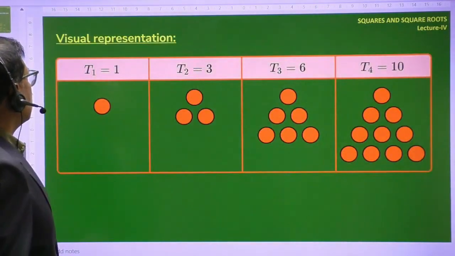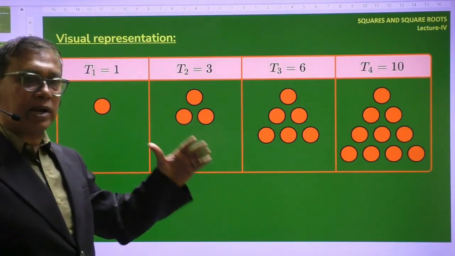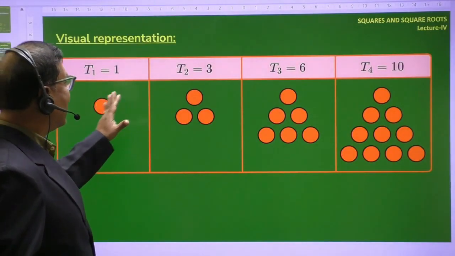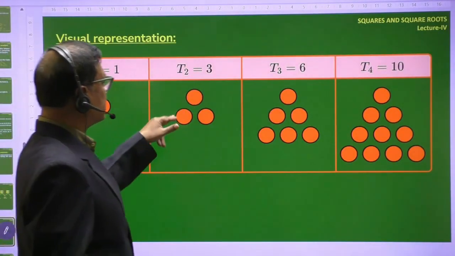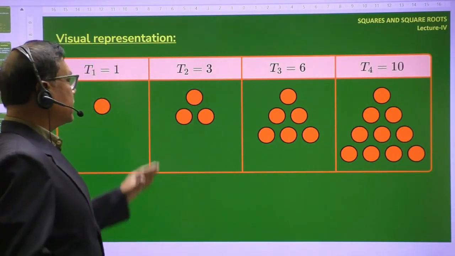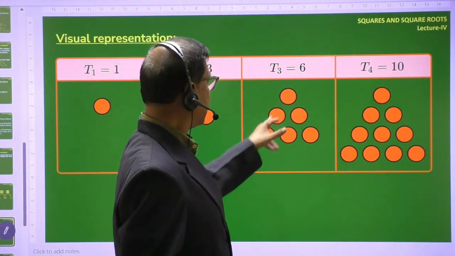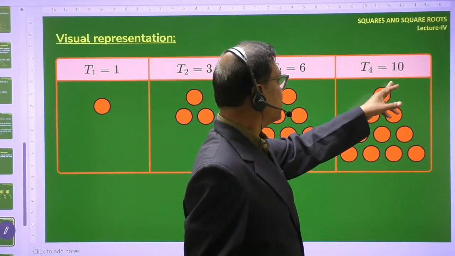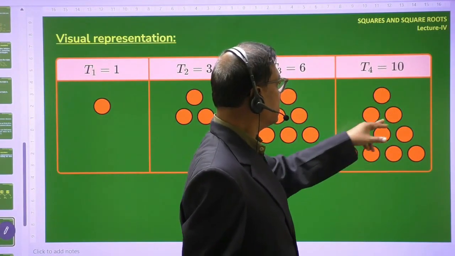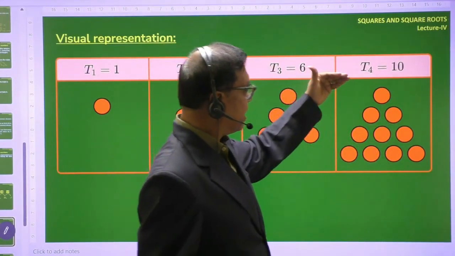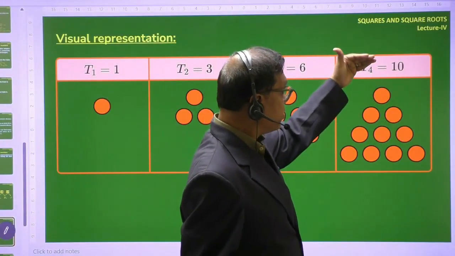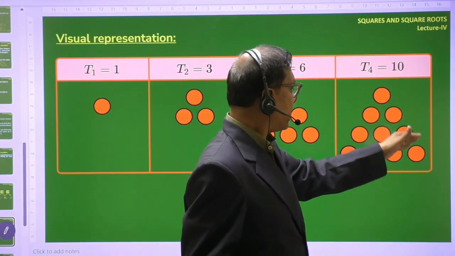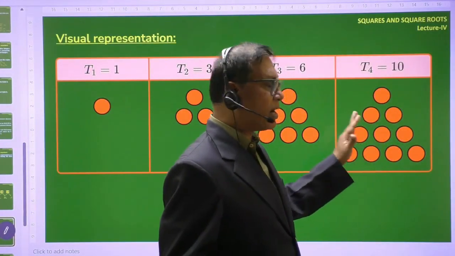Now, I told you triangular number. Why? See here, triangular number 1. Next triangular number 3, see here, it is forming an equilateral triangle. Next triangular number 6, again it is forming an equilateral triangle. Next triangular number 10, see here 10 circles, and see how we are placing these circles and how they form an equilateral triangle.